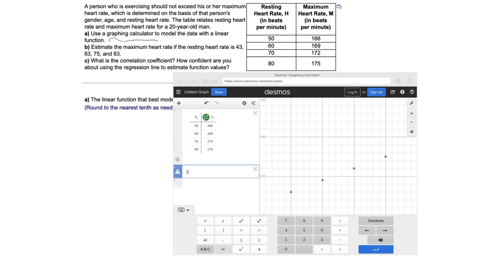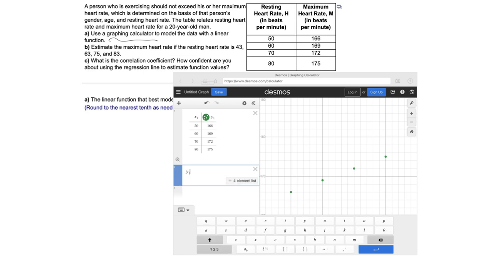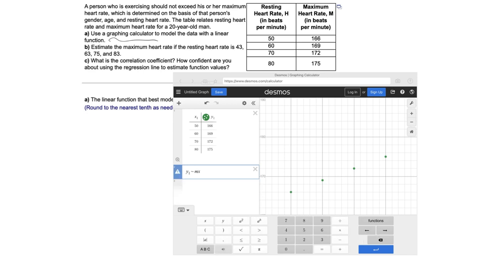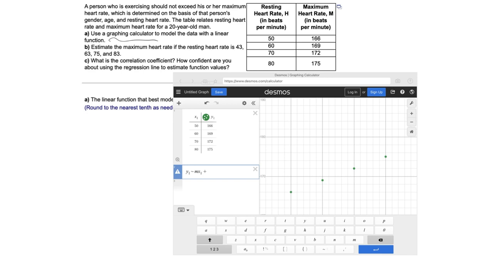This is the way you do it: y1, then a tilde, that little wavy looking guy, and then mx plus b. Oh, I forgot, the x needs to have a 1 on it. mx1 plus b.